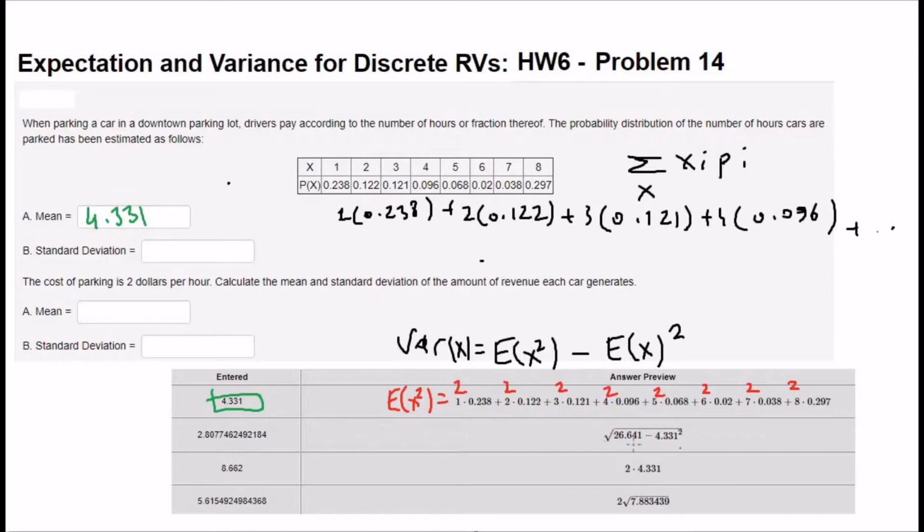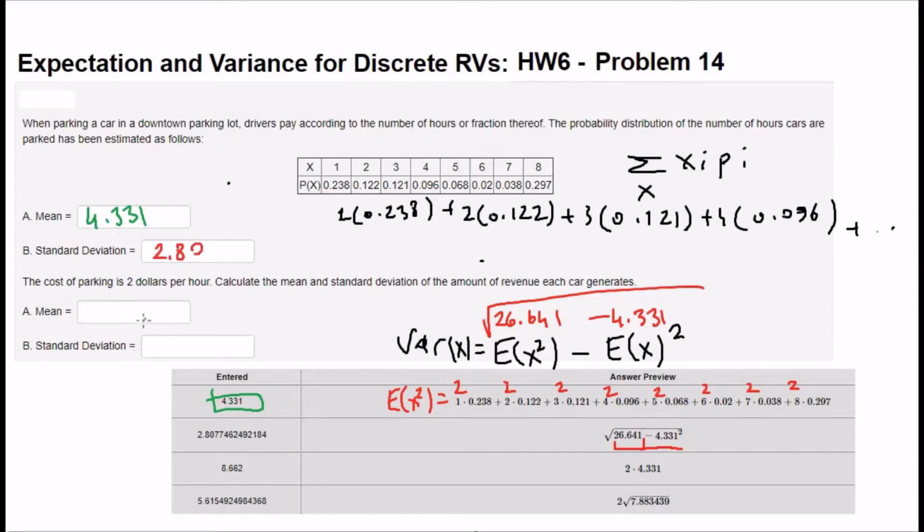And that is this number. So 26.641 is the expectation of x squared. We already found the expectation, which is 4.331, and if we square this quantity, we obtain the standard deviation.